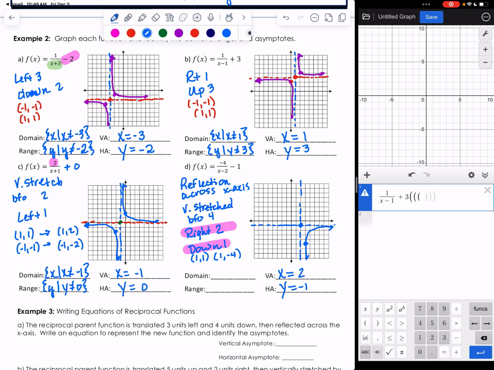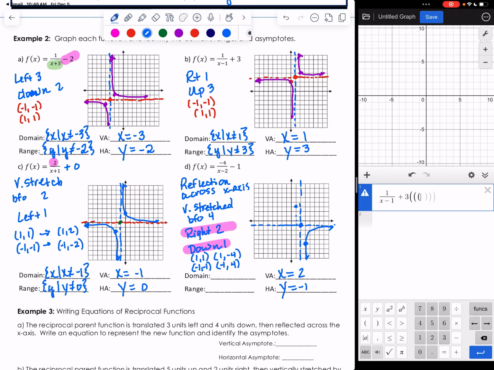Okay. Now my other critical point, negative 1, negative 1, same thing. I've got to stretch that y value by a factor of negative 4. So this would become negative 1, and negative 1 times negative 4 would be positive 4. So for my new 0, 0, go left 1 and up 4. 1, 2, 3, 4.